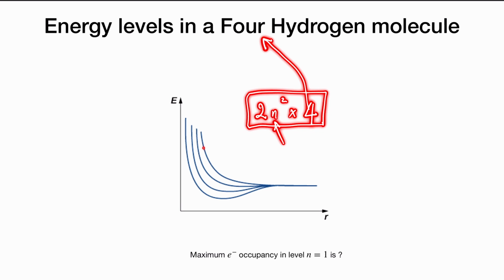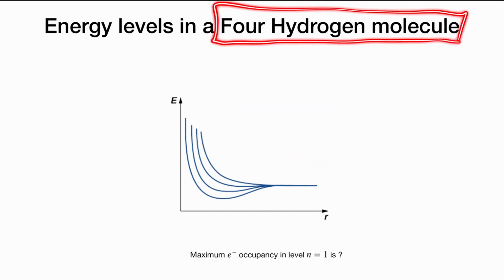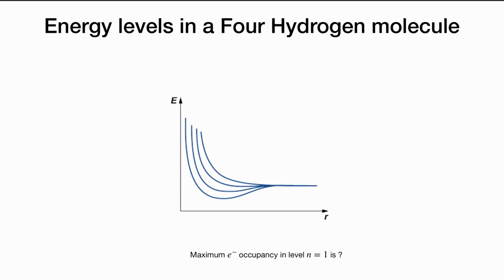And n is equal to 1 here. So this will be the total number of electrons that can be housed in the first energy orbit for a molecule which has 4 hydrogen atoms. I know that's a mouthful, but because it's on tape, you're welcome to review it.